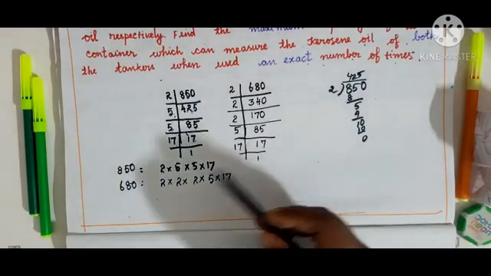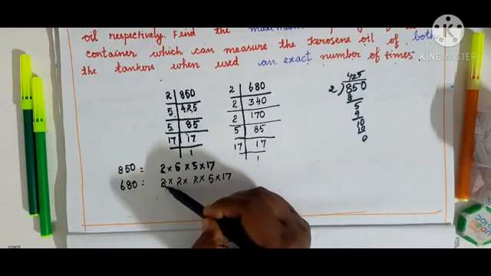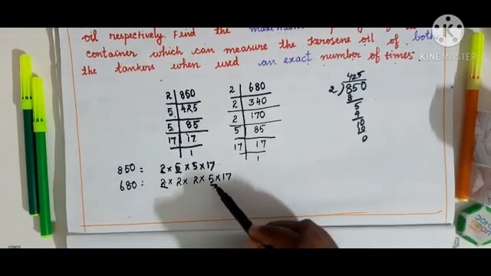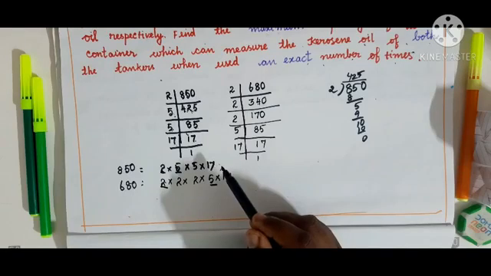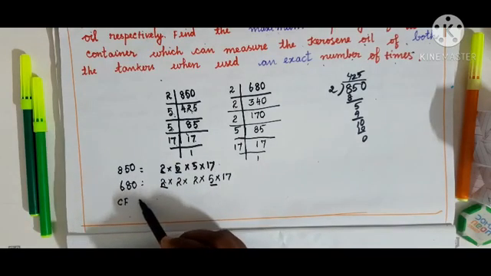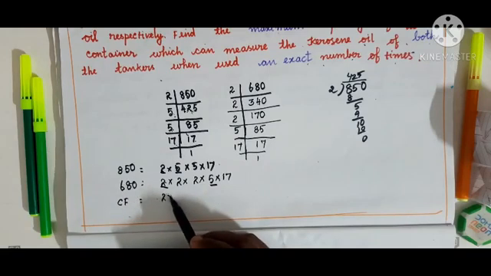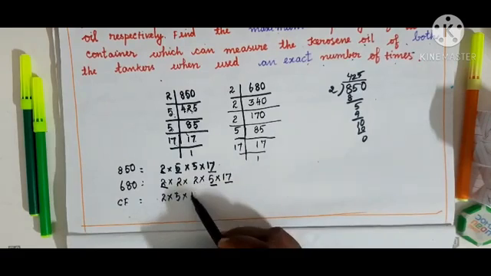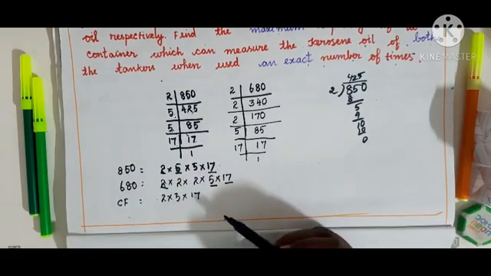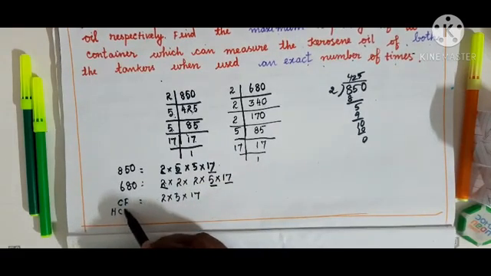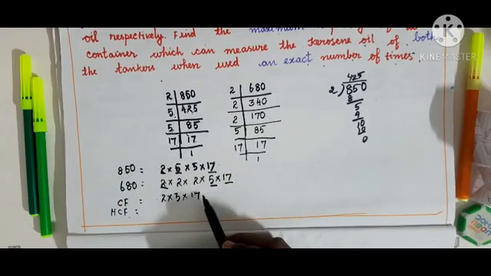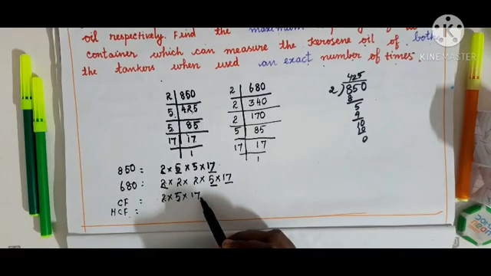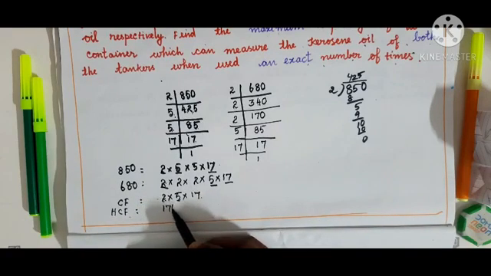What will you get? 2. Here 1 2, here 1 2. Other than that, there is no 2, right? Fine. Here 1 5, here 1 5. So the common factor is equal to, what do you get? 2 into 5 into, other than that, 17 is common. So 17, isn't it? So now we want HCF, isn't it? So HCF is equal to what? Multiply 2 into 5 is 10. 10 into 17 is 170.